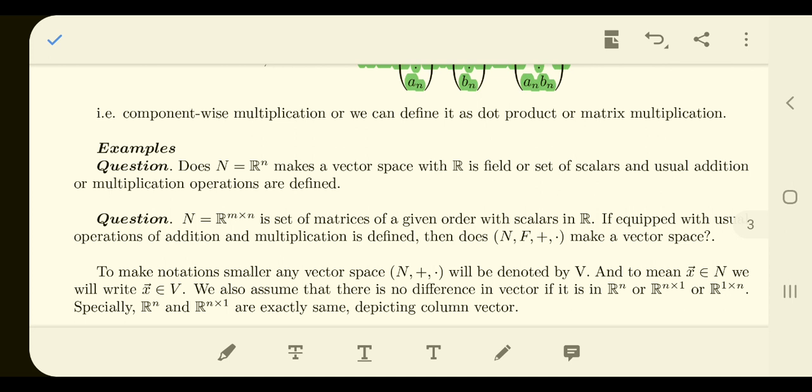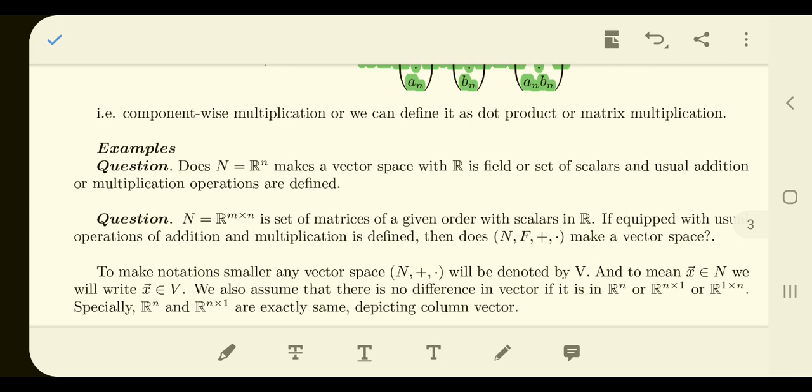If it follows all the properties that we have stated earlier, then yes, it is a vector space.